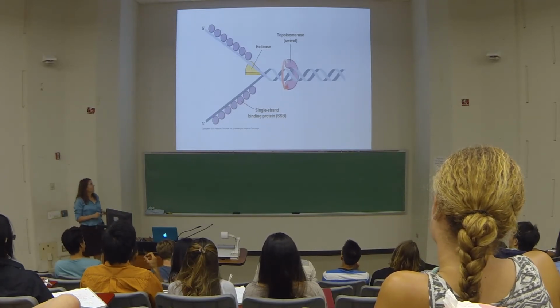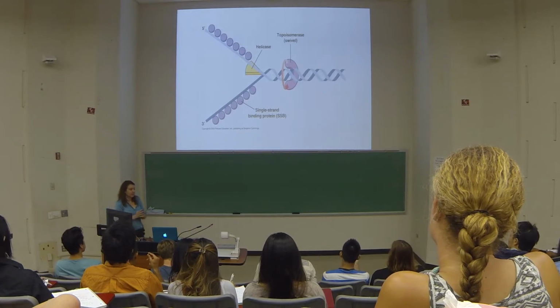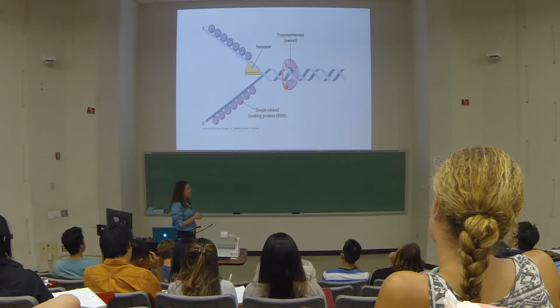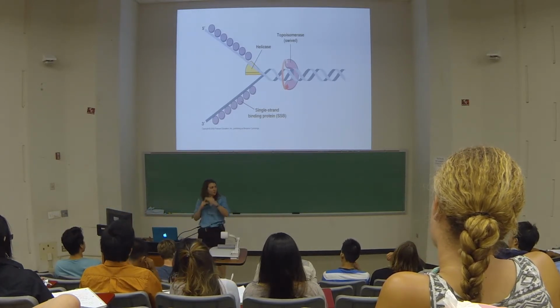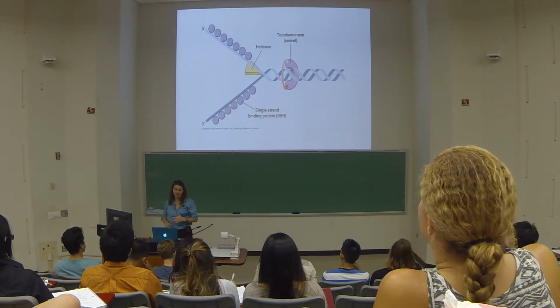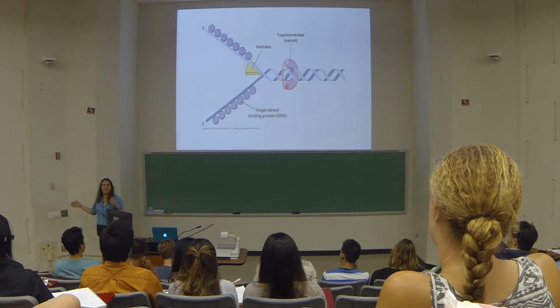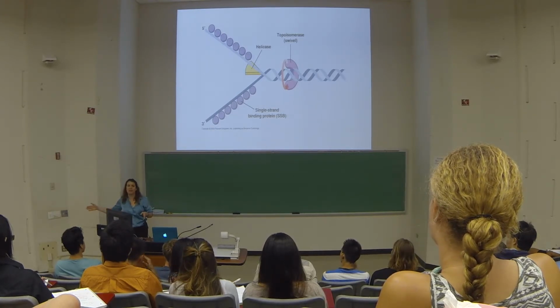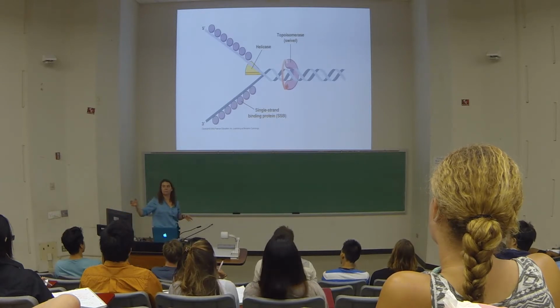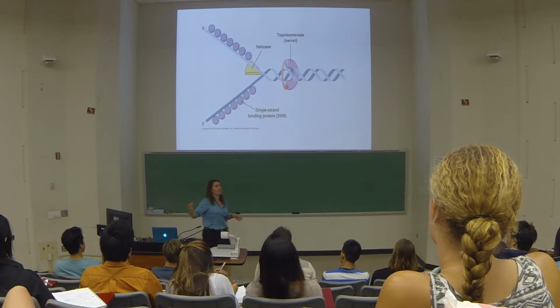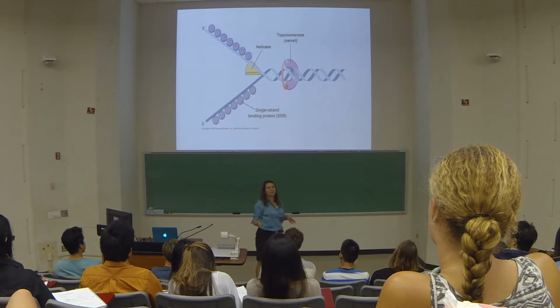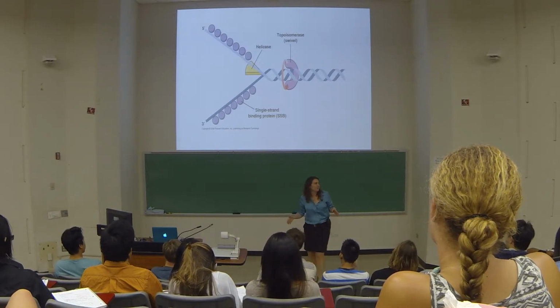Okay, so we're still missing a few things to complete replication on both strands. So first of all, if we think about a chromosome and how long it is, does replication start at one end and proceed all the way to the other, in linear fashion? No, it would take too long. We have too much DNA.